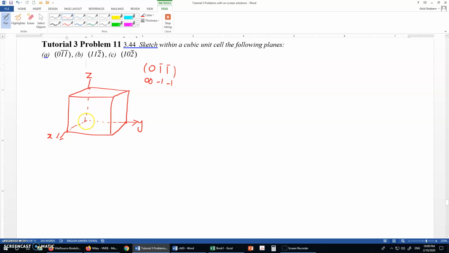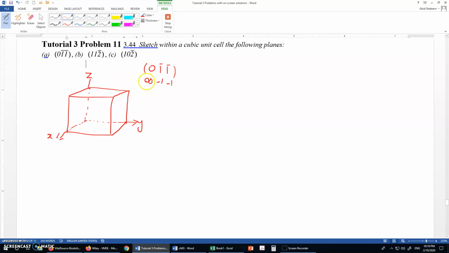I will shift along the y-axis and along the z-axis by 1. Okay, so the origin will be shifted here. So this will be the new origin.